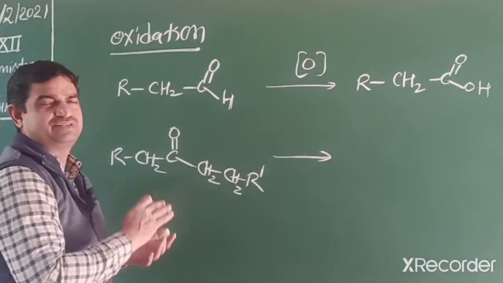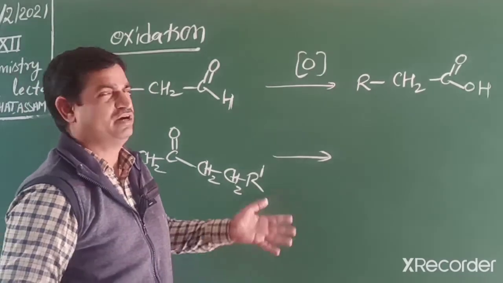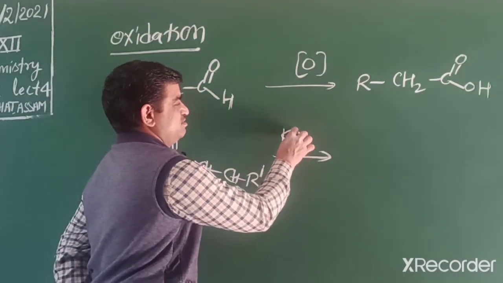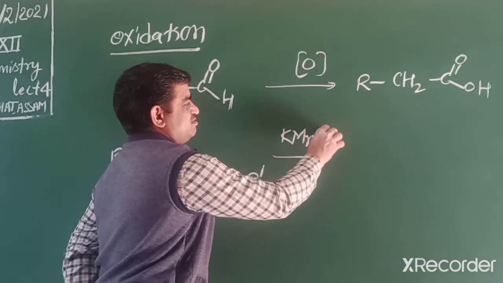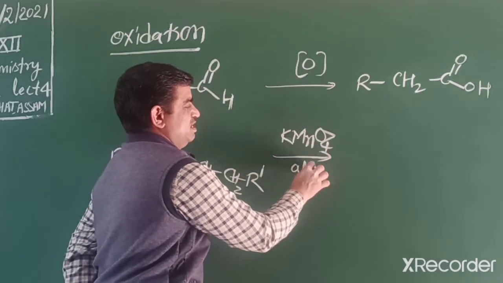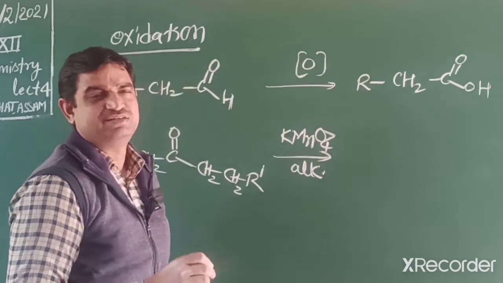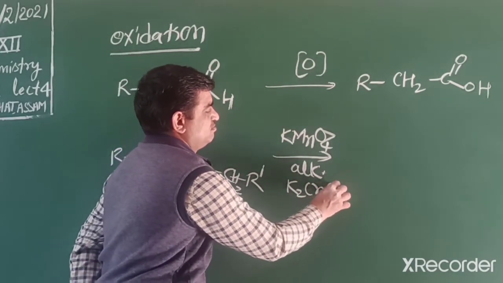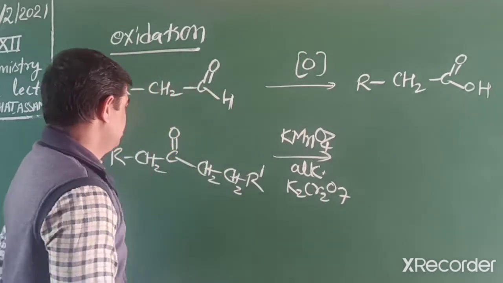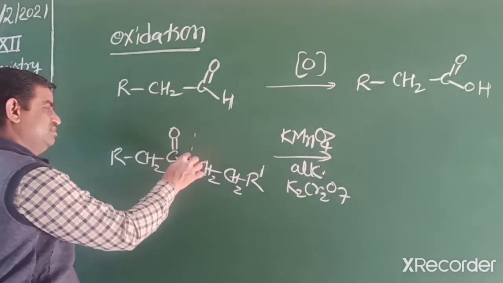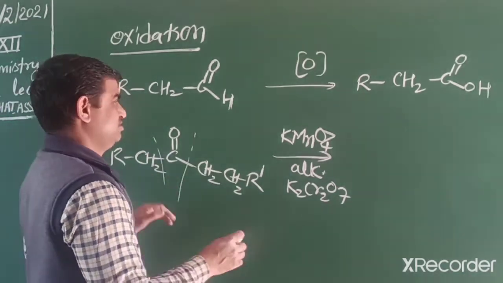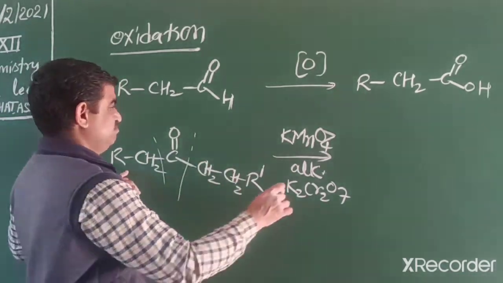But under drastic conditions, at high temperature, they oxidize using potassium permanganate or alkaline or acidified potassium dichromate. The bond is dissociated on either this side or this side, and we get a mixture of carboxylic acids with a lesser number of carbon atoms.